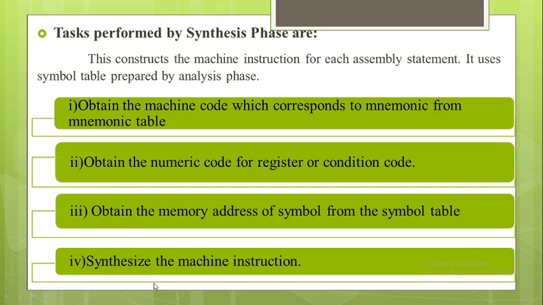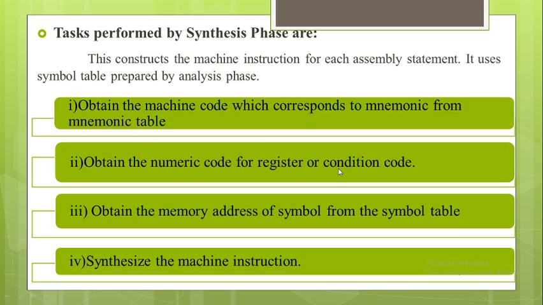Now we will see the tasks performed by the synthesis phase. It is going to construct the machine instruction for each assembly statement. It uses the symbol table prepared by the analysis phase. The first task is to obtain the machine code which corresponds to the mnemonic from the mnemonic table. Second is to obtain the numeric code for register or condition code.